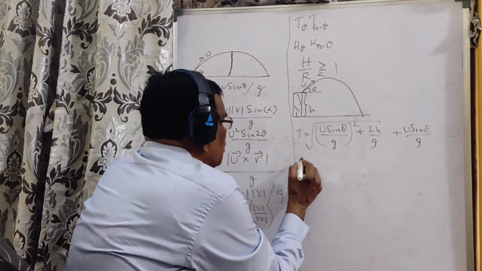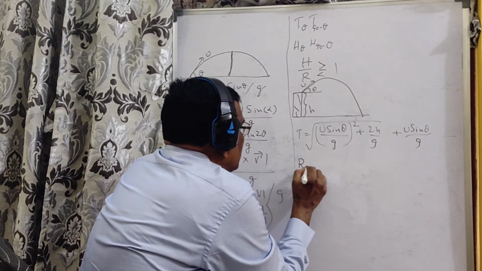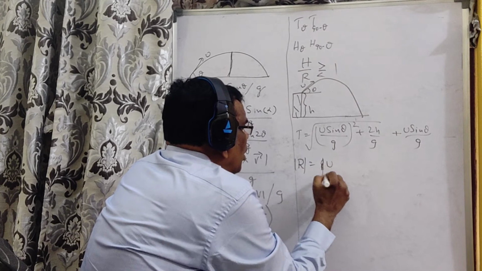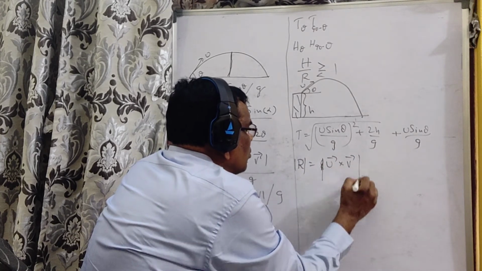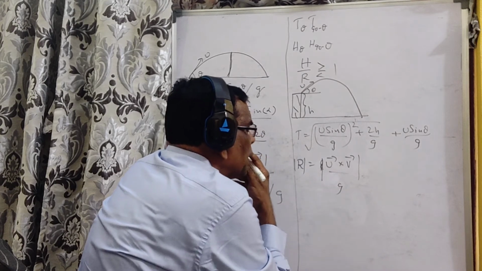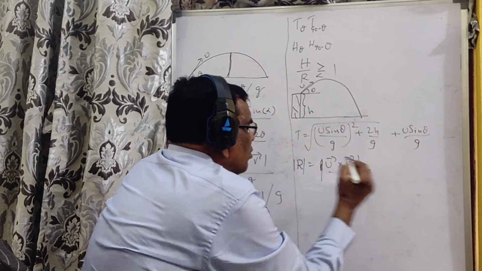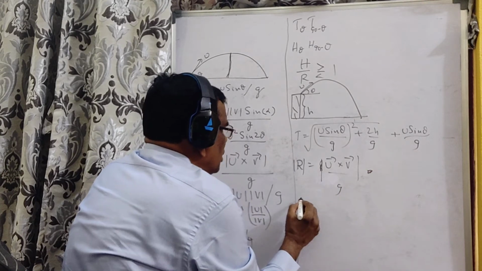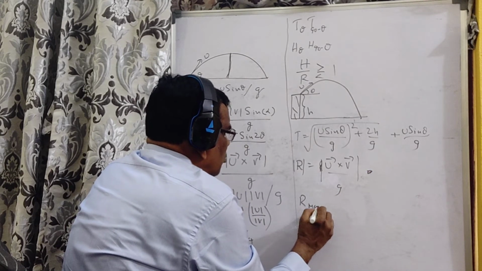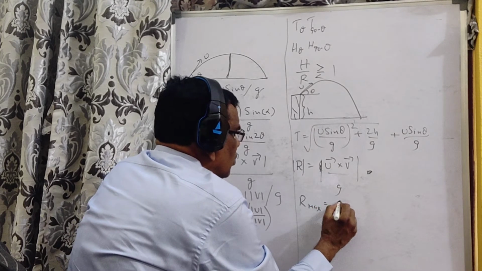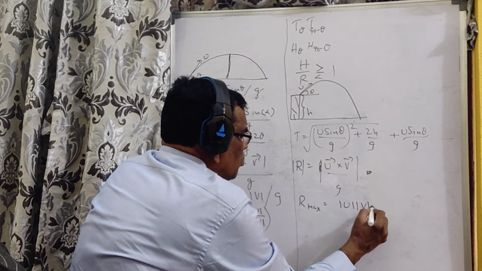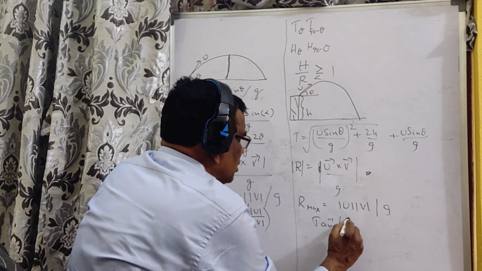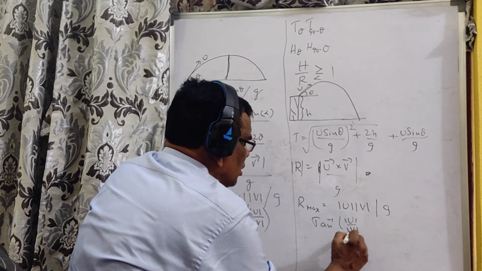And here also you can write mod R is equal to mod of U cross V by G. And here maximum, what is maximum? R max is equal to mod U mod V by G tan inverse U by V.